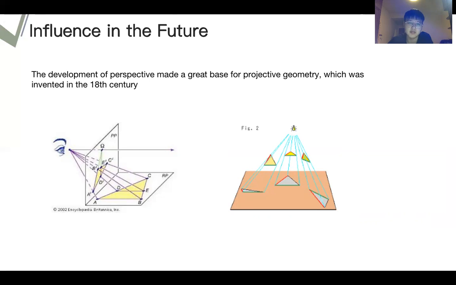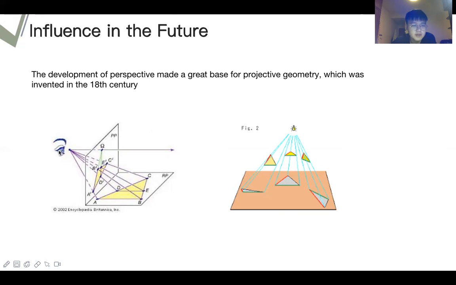Perspective is really important for projective geometry. So what is projective geometry? It's about one important thing, which is projection. We can look at the pictures under the sentence. So let's look at the first picture.